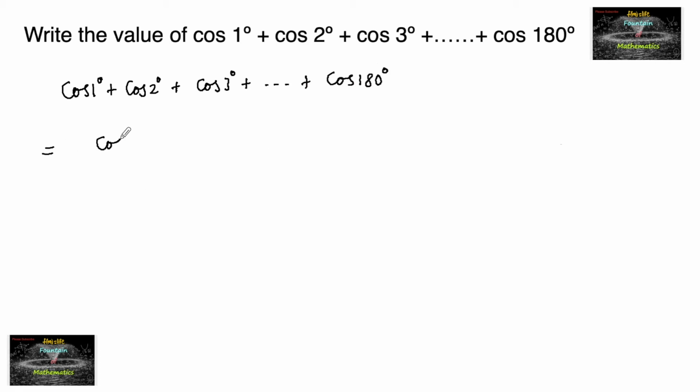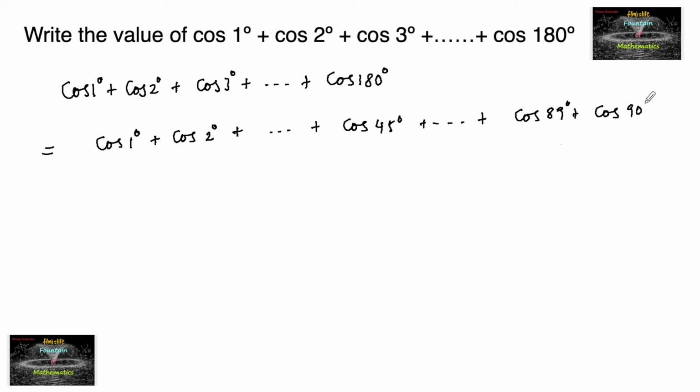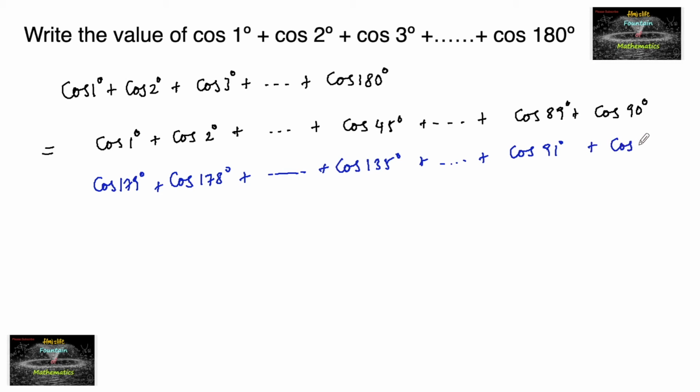So let me write this one here as cos 1 degree plus cos 2 degree and so on, cos 45 degree, and so on, cos 89 degree plus cos 90 degree plus cos 91 degree and so on, cos 135 degree, plus and so on, cos 178 degree plus cos 179 degree plus cos 180 degree.